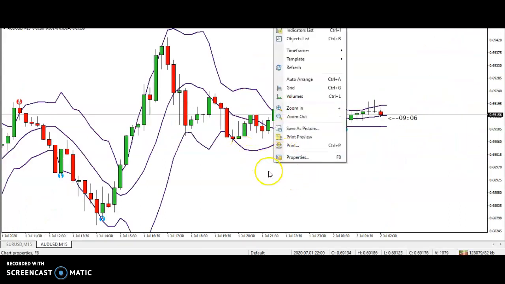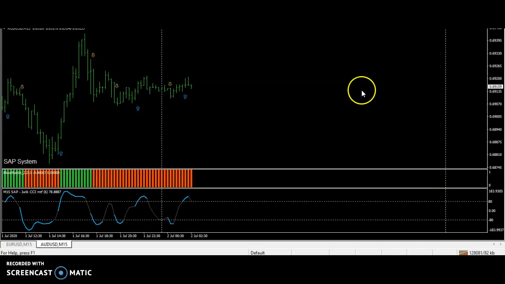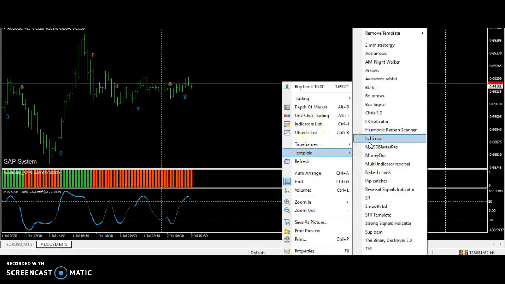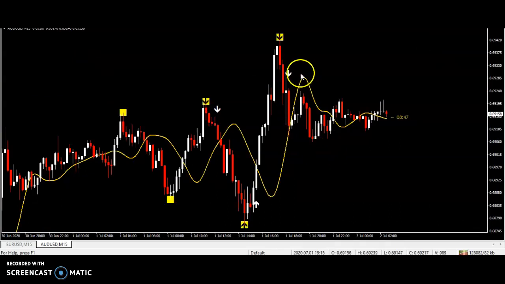Not really sure. I actually might have removed it. No, it wasn't that either. They don't repaint. Right, these ones here, these arrows here repaint. The boxes don't repaint, but the arrows do.